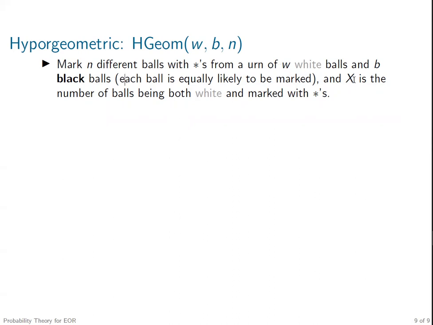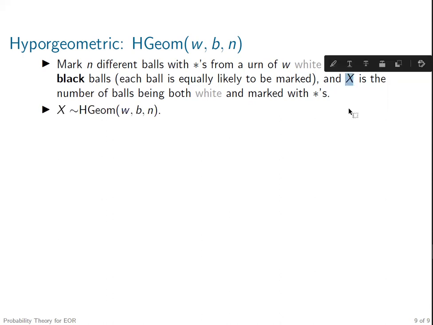And X is the number of balls being both white and marked with stars. If X is generated this way, we will say X follows the hypergeometric distribution with parameters W, B, and N. Okay. So what is the PMF of X then? What is the distribution of X then? You can pause the video at this moment and think for a while.